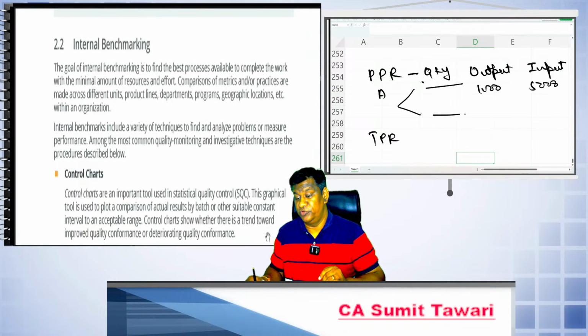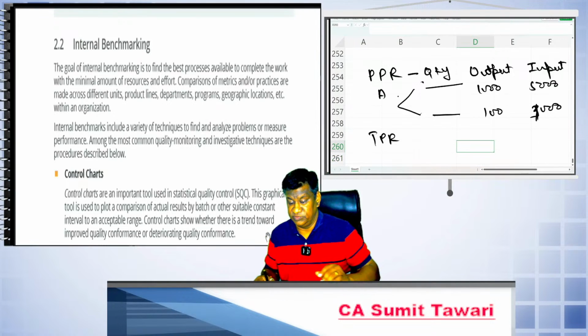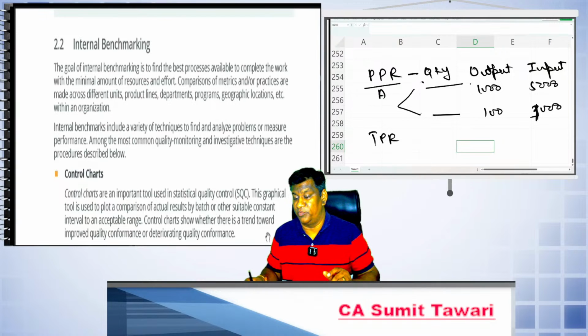You are producing 100 quantity, and for that you need the input of 1000 quantity. Now in PPR we are talking about the quantity only, quantity output, quantity input. This is the competitor, and this is self, because we are doing the benchmarking.